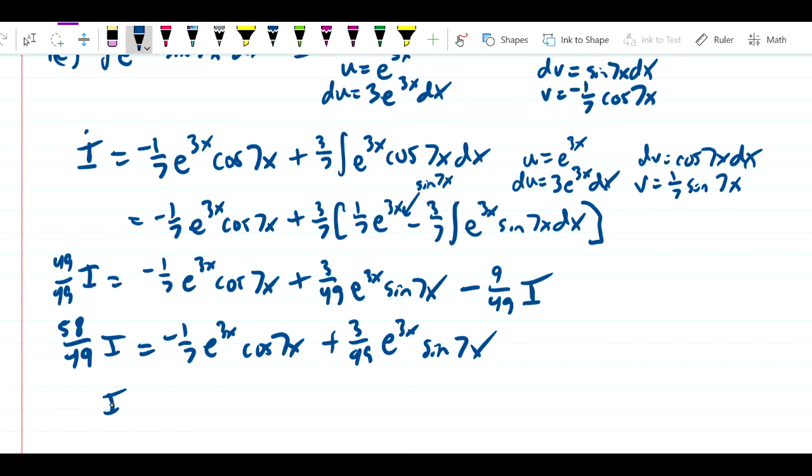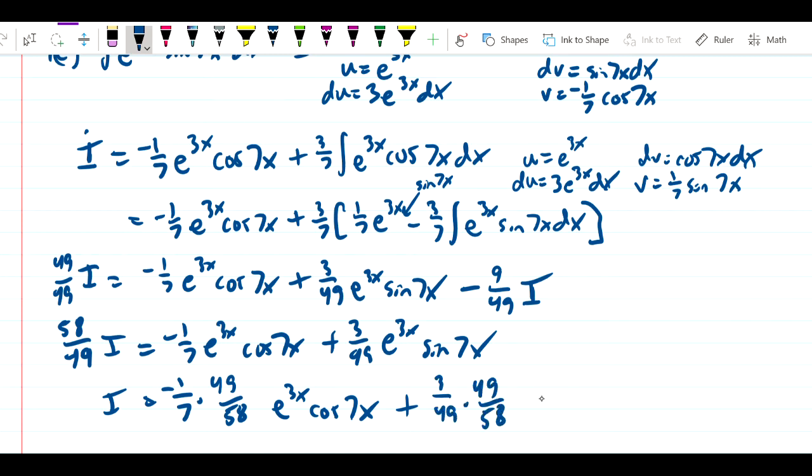I simply multiply everything by 49/58, giving me I equals negative 1/7 times 49/58 e to the 3x cosine 7x, and then plus 3/49 times 49/58 e to the 3x sine 7x plus c.